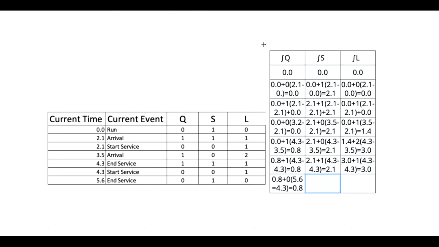For the number of available servers, we have our previous sum plus the previous state times the elapsed time, and the 0 kills that, so we're still at 2.1. And finally, for the number in the system, we have 3.0 plus the previous value, which is 1 in this case, times 5.6 minus 4.3, and that is 1.3.